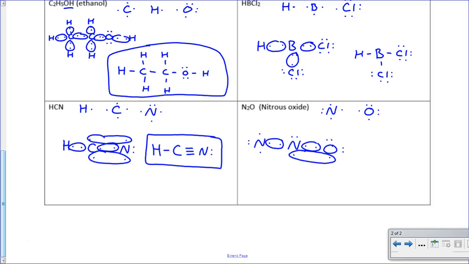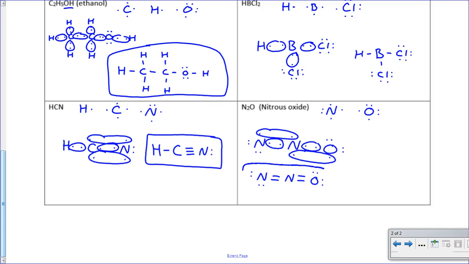We have this last nitrogen, it wants to bond one more time, and things aren't working here. So what ends up happening is this nitrogen is going to give up one of its electrons, all right, and give it to that other nitrogen, and then they can bond up here. All right, and then we have nitrogen double bonding to nitrogen, which double bonds to oxygen, all right. And then this one here looks like that, and then like that.